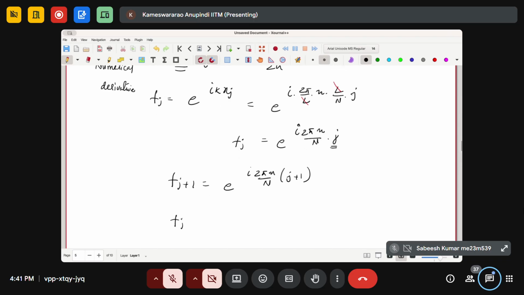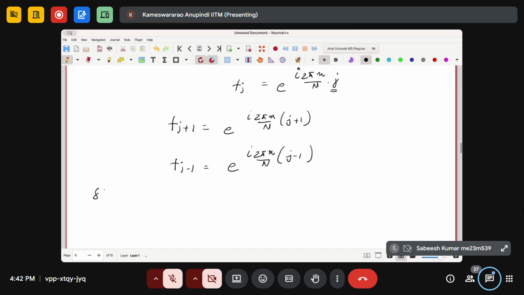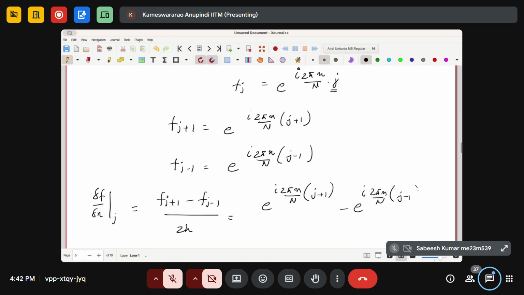Similarly, f j minus 1 is e to the power i 2 pi n divided by capital N times j minus 1. So if I calculate this delta f by delta x at point j, as per the formula, it is f j plus 1 minus f j minus 1 divided by 2h. This is e to the power i times 2 pi little n divided by capital N times j plus 1, minus e to the power i times 2 pi little n by capital N times j minus 1, divided by 2h.